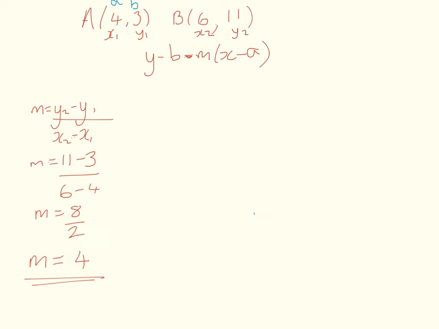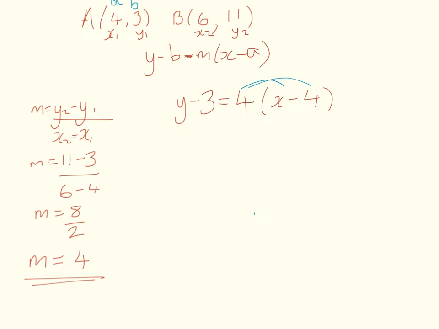Okay, so I have m, I've got a and b. I can now substitute everything into my equation. So I've got y minus b, b is 3, my gradient is 4, and it's going to be x take away 4. I'm now going to just complete the process like I did in the last videos.